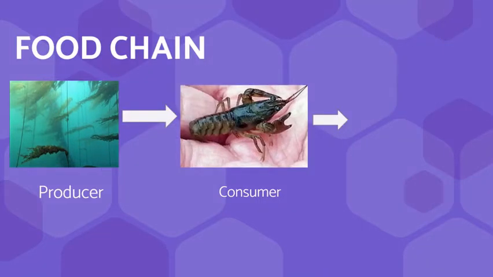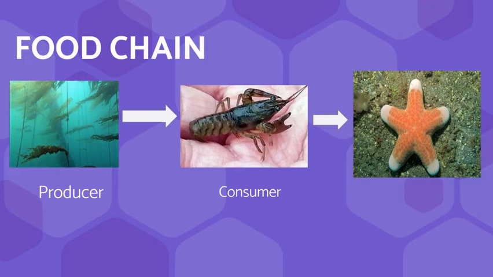The final part of our food chain, after producer and consumer, is decomposers. In our aquatic system, the picture represents a sea star. Echinoderms, like sea urchins, sea stars, and sea cucumbers, hunt and eat live food, but they also move around and consume decaying organic matter that covers rocks and other surfaces.